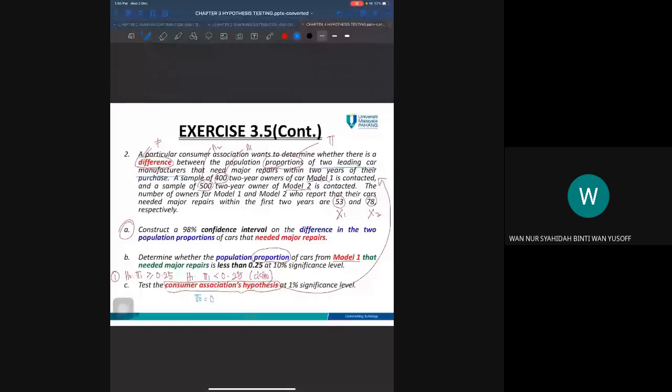You can do model 1 and model 2 or you can do model 2 and model 1. Both will be accepted. So the rest of the calculation, you have to follow your hypothesis, whichever you choose for the first population. Okay. So we can write here pi of model 1 not equal to pi of model 2. Okay, H0 or H1? H1. So H null.